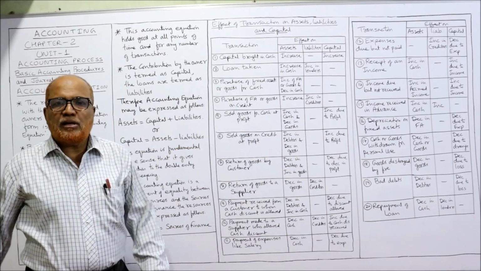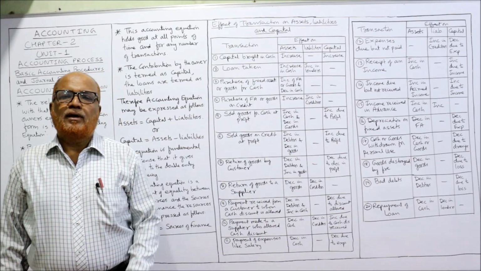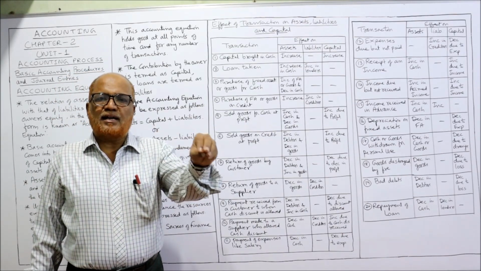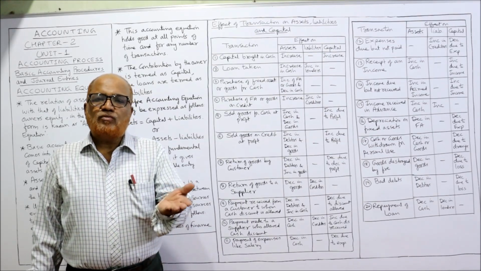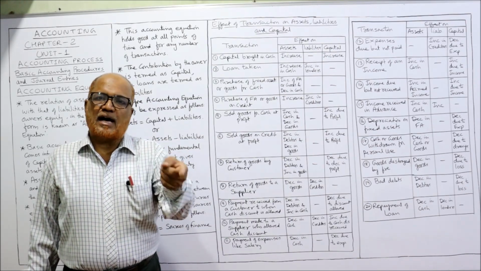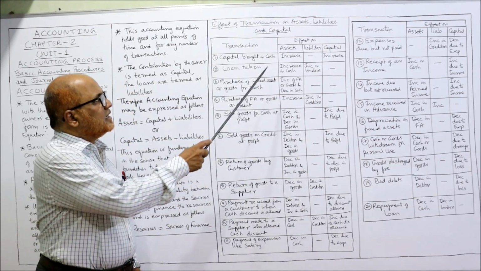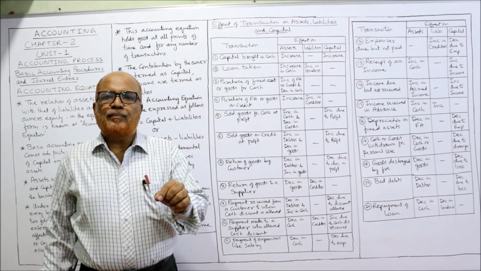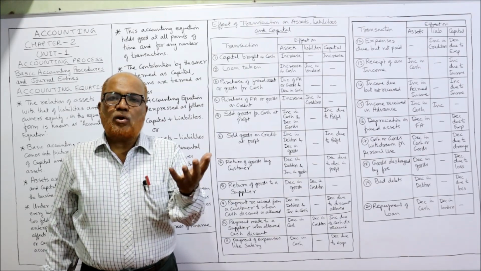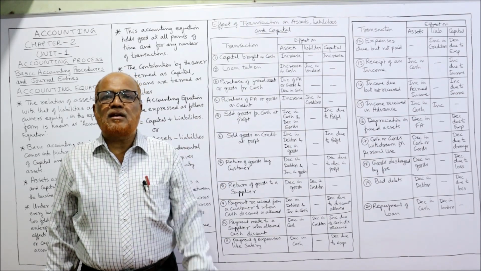First, capital brought in cash. The owner invested capital in the business. So what will happen? Cash will increase, and cash is the asset. So there is increase in cash, so increase in assets. At the same time, when the owner invests money, it is called capital. So capital is increasing.